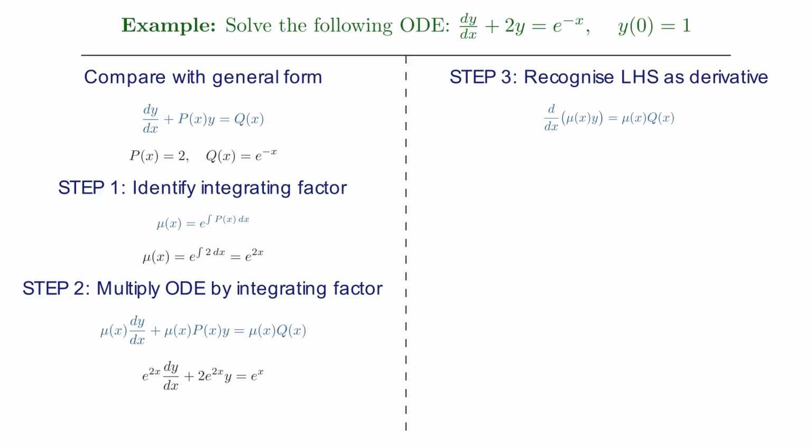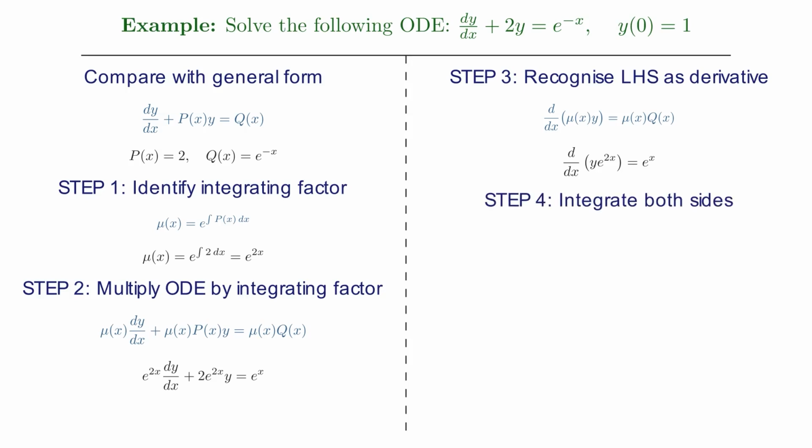So we should always get that d/dx of the integrating factor multiplied by y is equal to the integrating factor multiplied by that function q(x). In this case, we've got d/dx of y e^(2x) is equal to e^x. We can now integrate both sides.